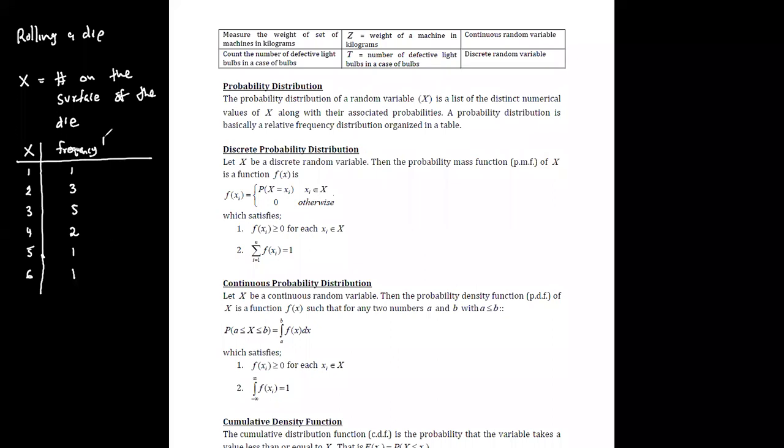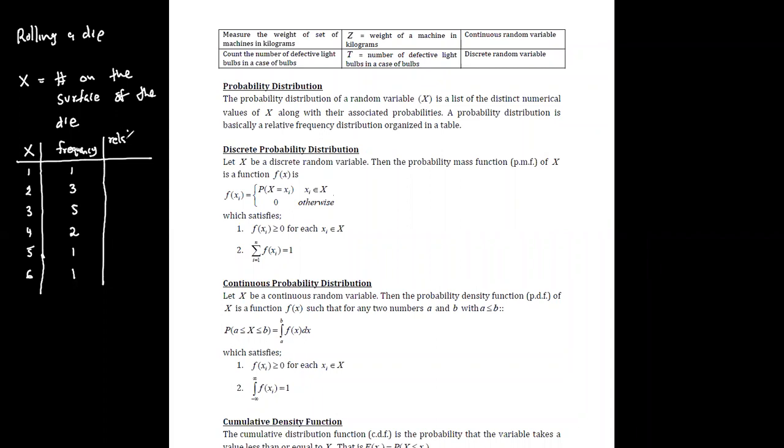Now, if you need to obtain the relative frequency, the way of obtaining it is first to get the total frequency. Therefore, if you get the count, altogether there were 13 rolls.